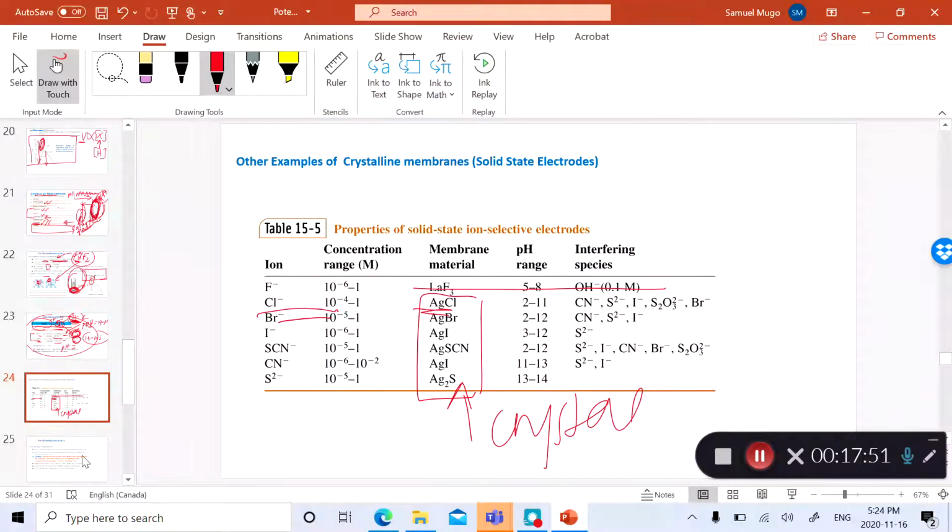If it's bromide, you can see the membrane material would be made from a crystal or a salt made of silver bromide, and so on. You can see you can make lots of different types of ion selective electrodes by choosing the right type of salt that would be selective to the ion of interest.